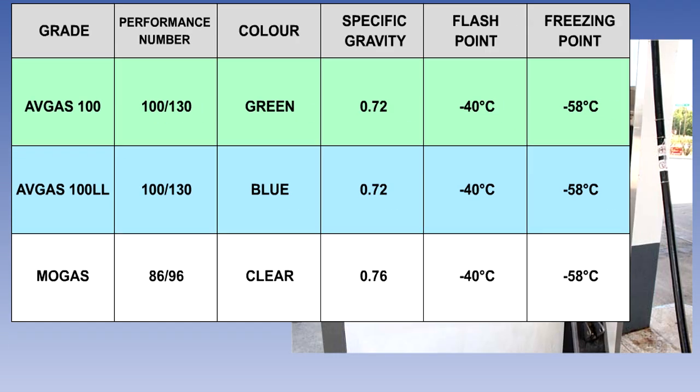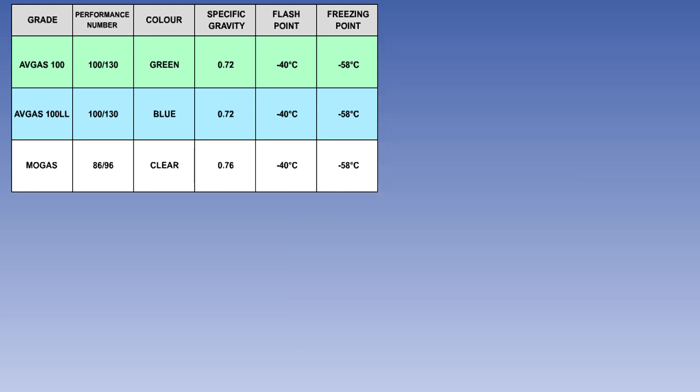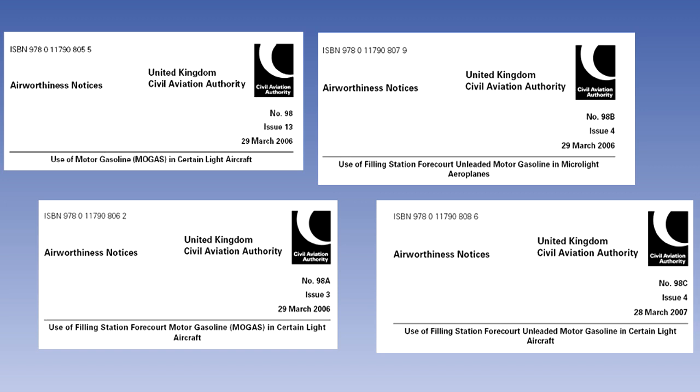MoGas, or motor gasoline, can sometimes be used in certain airframe engine combinations, but only under the conditions specified in Civil Aviation Authority Airworthiness Notices No. 98, 98A, 98B and 98C.